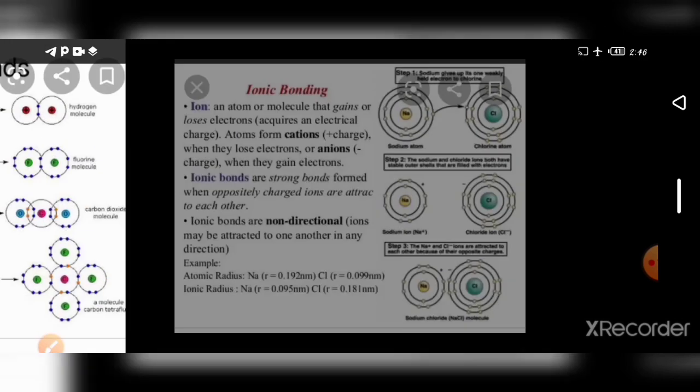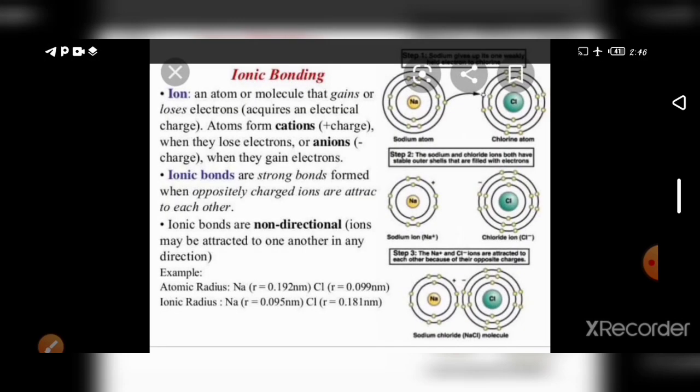Okay, now you see ionic bond. How will the ionic bond be formed? In an ionic compound, atoms gain or lose electrons and form a cation or anion. So ionic bonds are strong bonds formed when oppositely charged ions are attracted to each other.